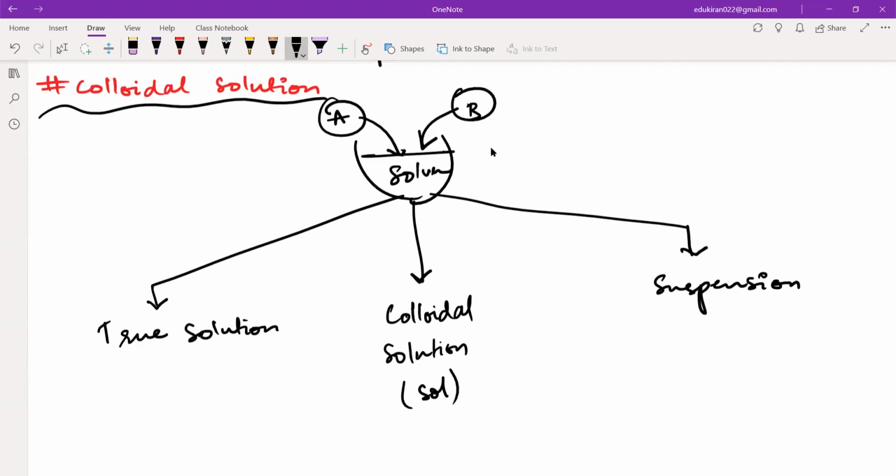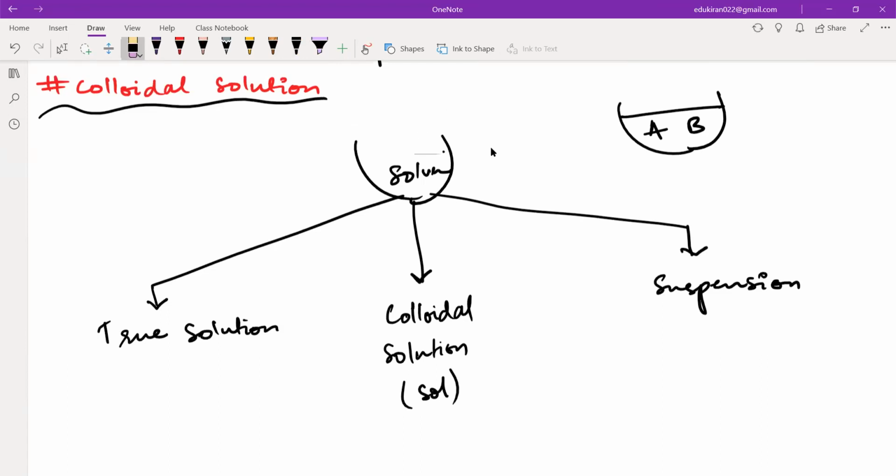Okay, so when we have A and B inside a particular solvent, when there are two different components, we can say that it is either a true solution, or a colloidal solution, or a suspension. Okay, so here we have A and B.